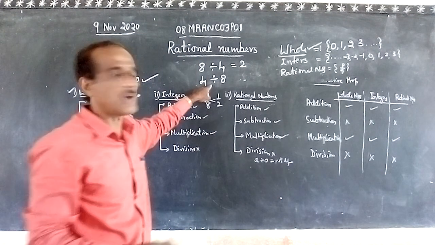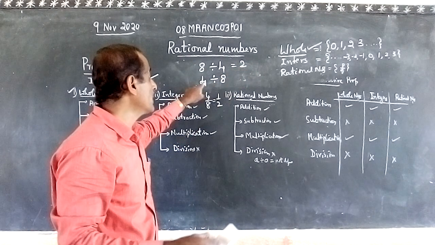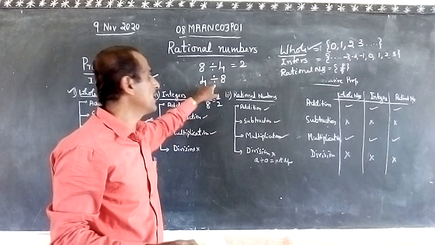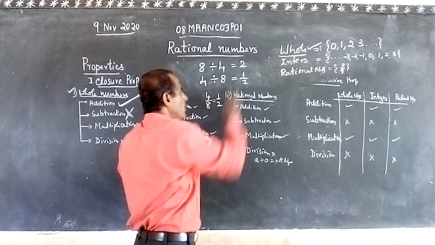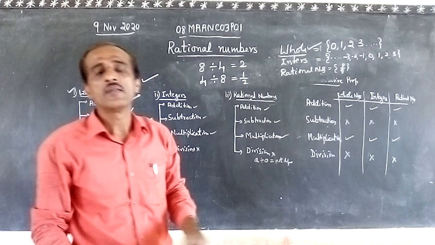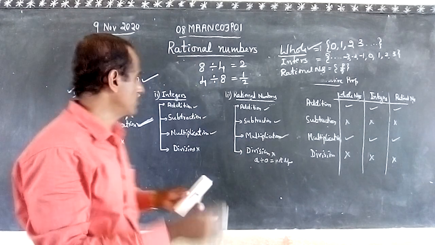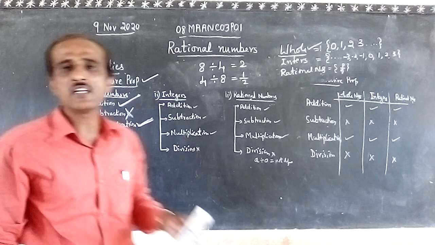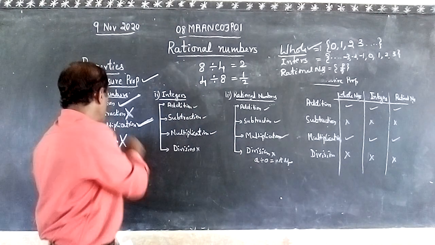Therefore, division is not possible, or we can say for whole numbers, division is not closed.